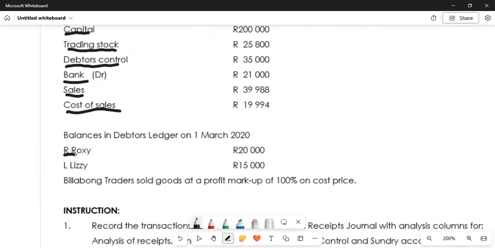So we have Roxy and Lizzie, and these are their opening balances. We are also told that Billabong Traders sold goods at a profit mark-up of 100% on cost price. So take note of that, as we are going to use it.